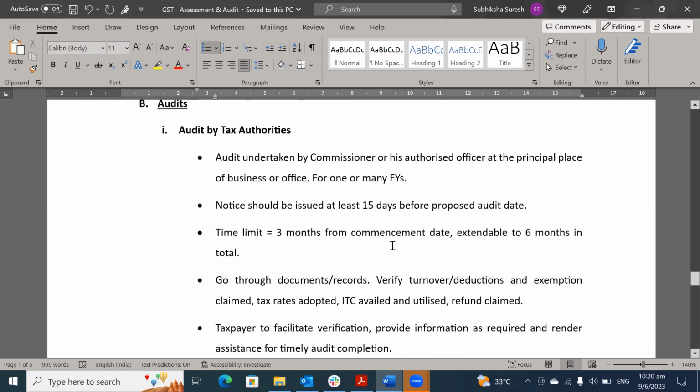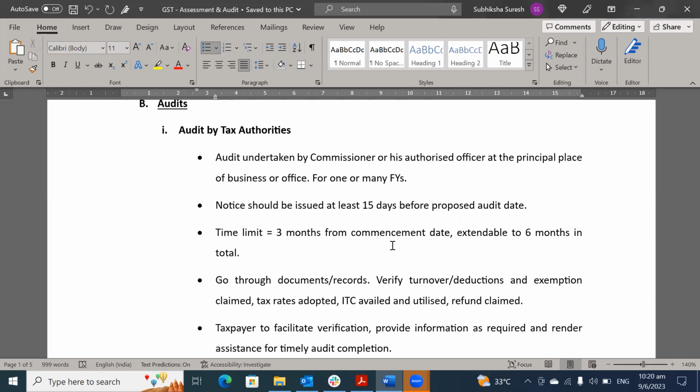So, audit by tax authorities. Here the audit shall take place at the principal place of business of the registered taxable person. Before conducting the audit, 15 days before, notice shall be intimated to the registered taxable person.